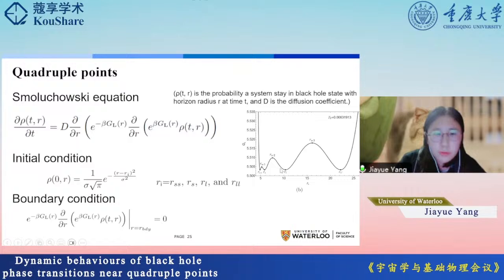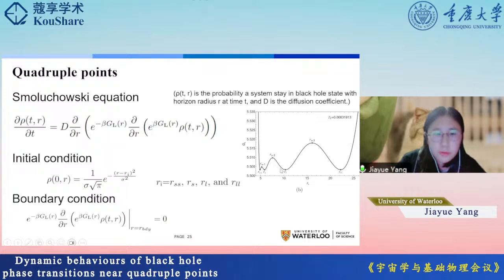So we set the reflective boundary conditions at the two ends. This is our reflective boundary condition, which means that the current vanishes. So after solving the Smoluchowski equation and setting the initial and boundary conditions, we can find the time evolution of the probability distribution at some temperature.